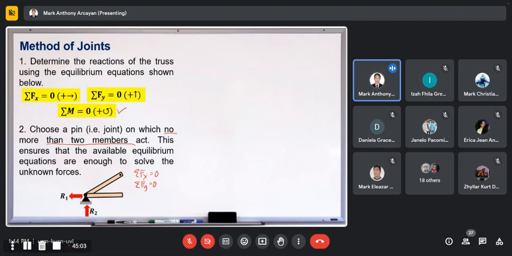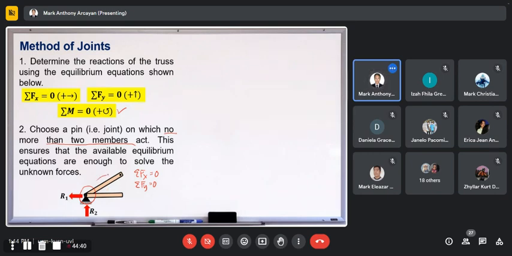Typical gid ani is mopili ka sa joint kung asa naa ang mga reactions. Just like this one, kaning diri sa figure. So kaning R2 ug R1, these are reactions nga nag-exist ani nga pin connection. And kani siya na-determine din siya from step number one. So sa kani naa tay duha ka members nga na-isolate ani nga joint.